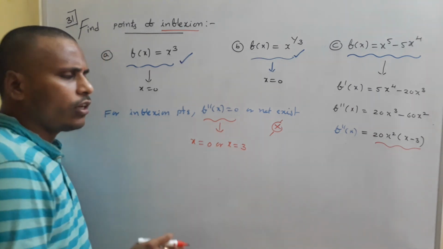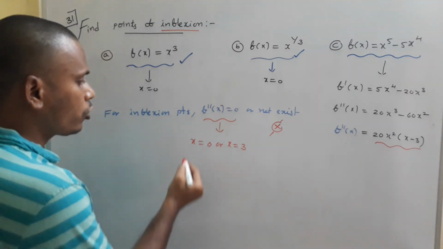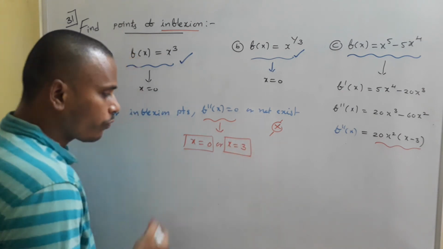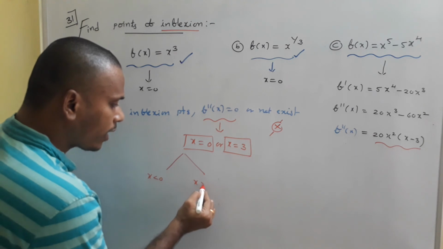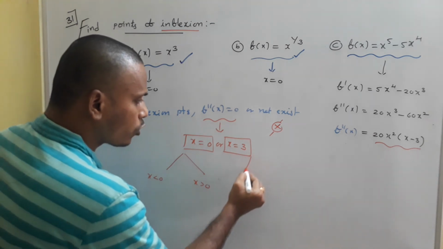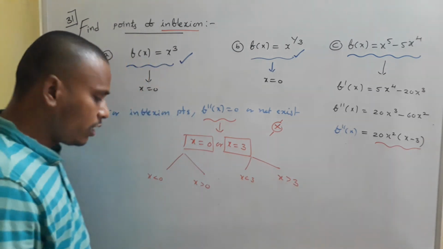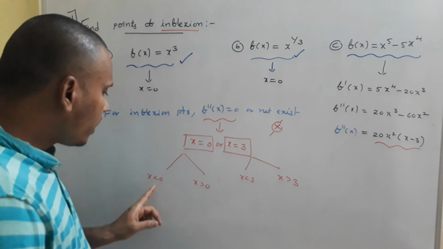See, these two are usually second order critical points, and I need to check at x equals 0 as well as at x equals 3. At x equals 0, we check x less than 0 and x greater than 0. At x equals 3, we need to check x less than 3 and x greater than 3. You just observe the left side of x.